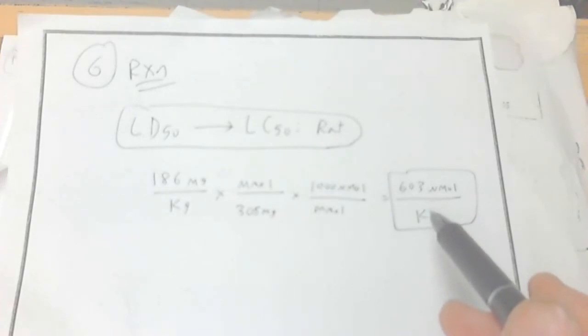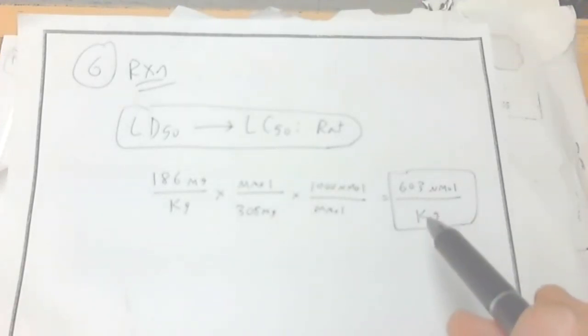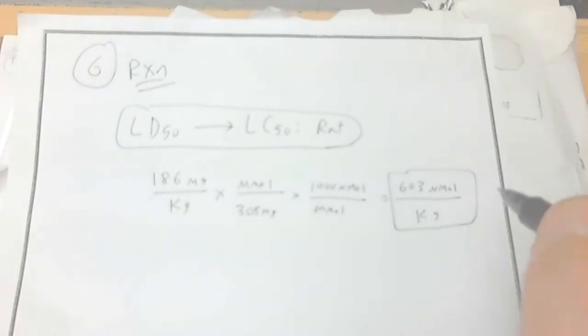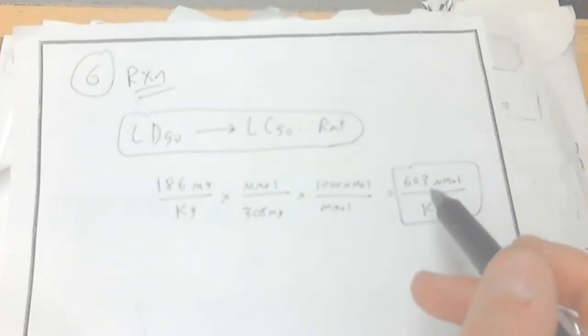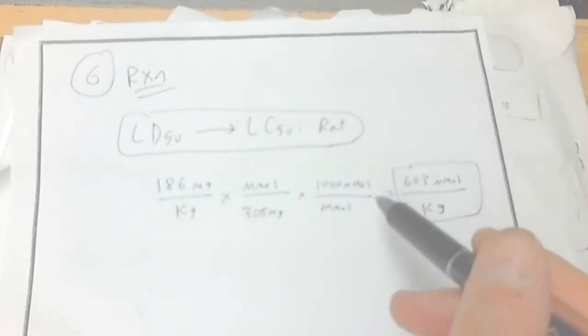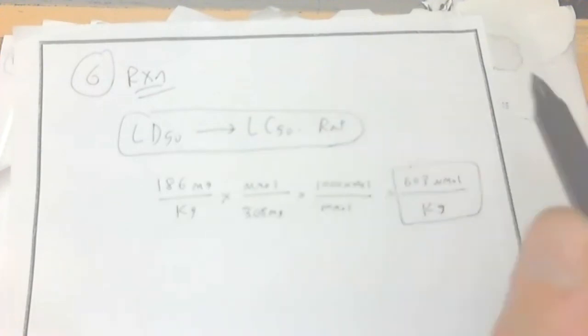Okay. Now you could figure out what the average mass of a rat is, but what we can do pretty quickly is go from kilograms to volume units using the average volume of blood in a rat, and that's going to get us very quickly to our LC50 because we're going from dose to concentration.